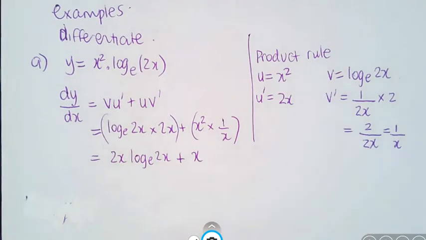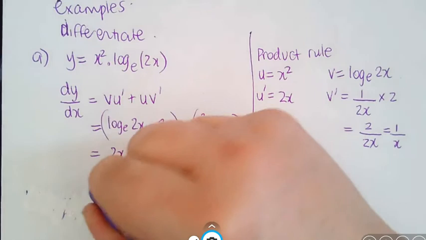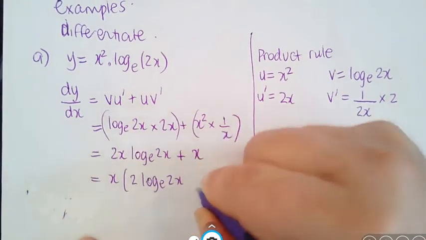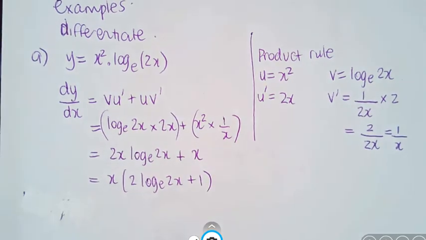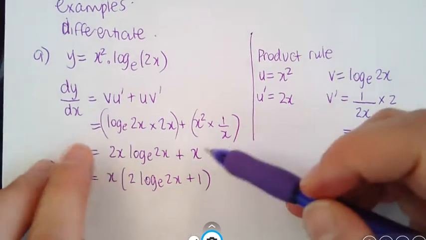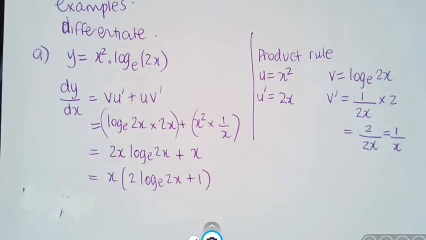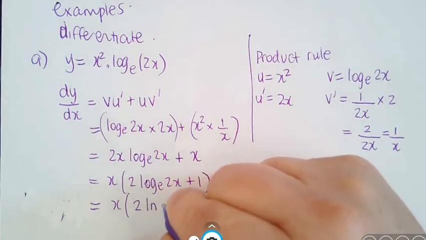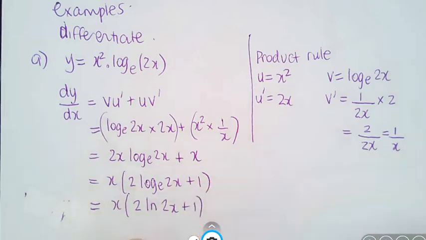Plus x. Now, if you want, you could factorize out the x because it's a common factor. They do tend to do factorization with product rule, but in this case, I don't think it's necessary. You could also see the answer written as 2 ln 2x plus 1. Okay?